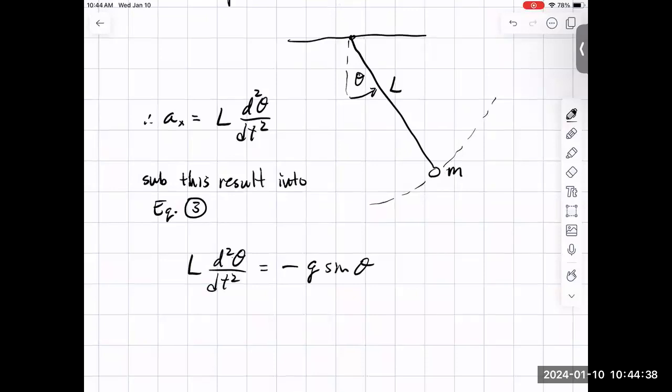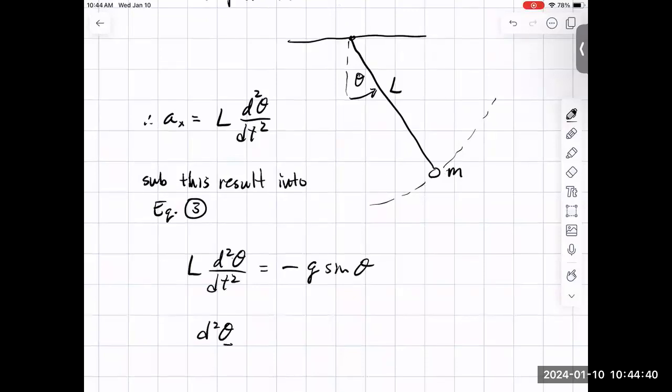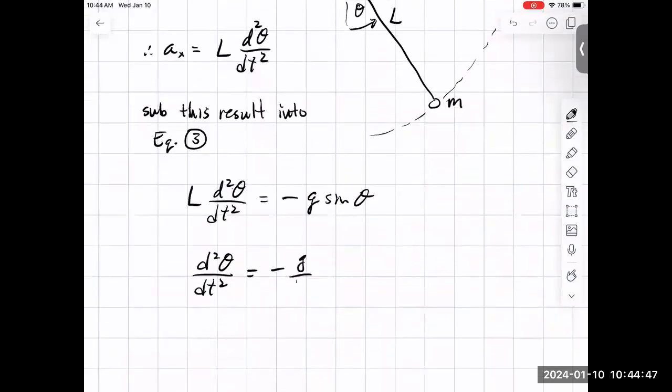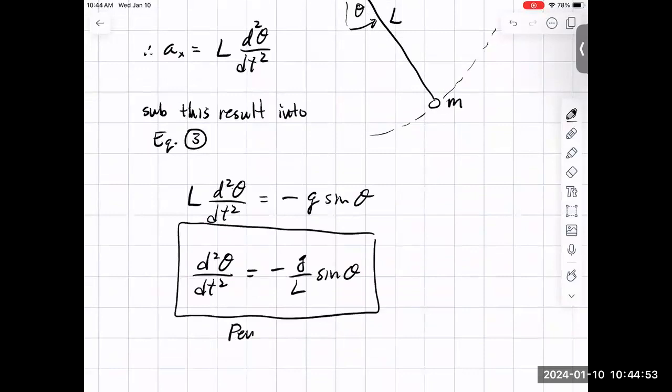Okay, or finally then d2 theta dt2, let's divide by L, is equal to minus G over L sine theta. So this is our pendulum. Got the pendulum equation of motion.